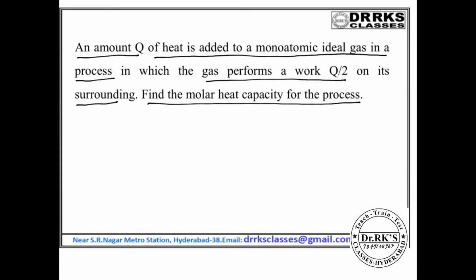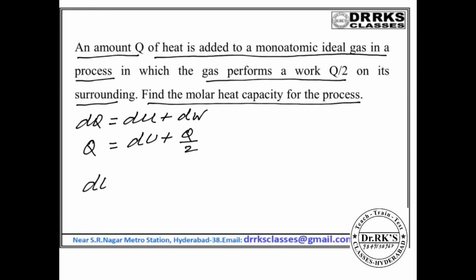Okay, so we know that dq is equal to du plus dw. So dq is given as Q, du plus dw is given as Q by 2. So from this we can get du is Q by 2.